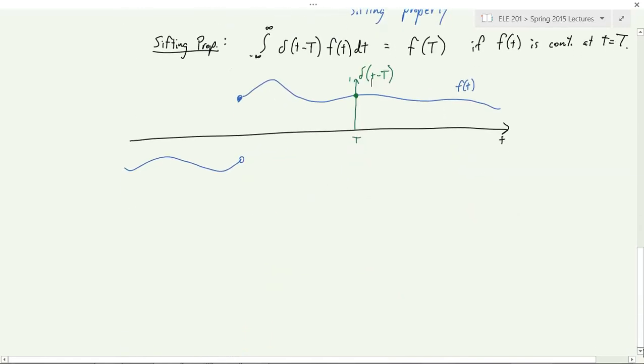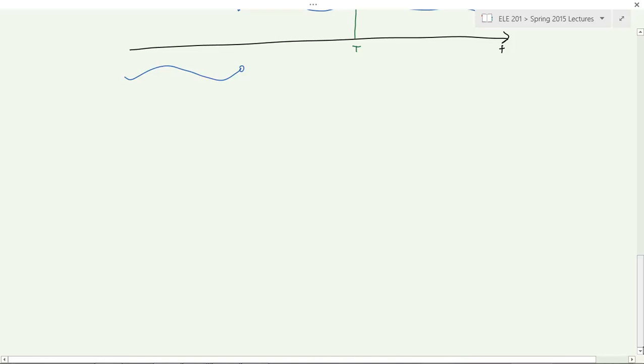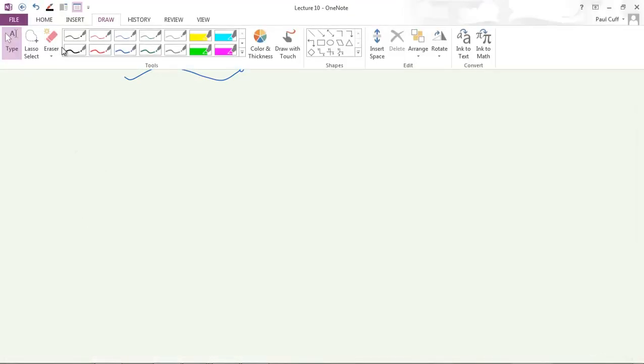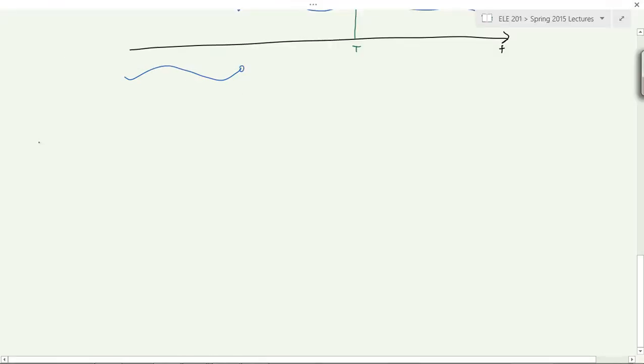Okay. So let's start with how to think about this. It's like a short pulse. So think about, what if you had something, it's not our delta function, but it's going to be an approximation to our delta function.